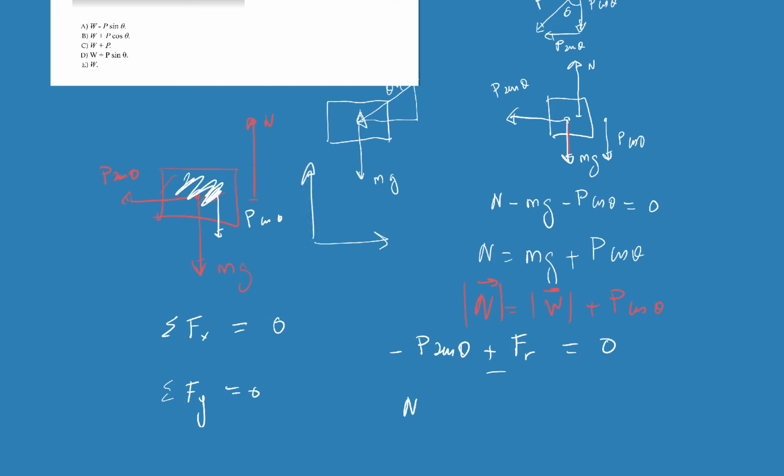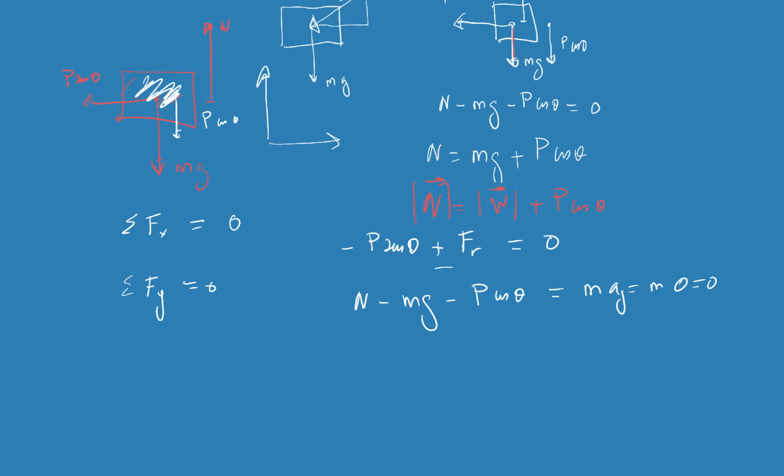So the normal is positive, the weight is negative, and the P cosine of theta is negative, and the sum is zero. Why is the sum zero? Because there is no acceleration of the body going upward or downwards. a_y is zero, m times a_y. Because m is not zero, but a_y is zero, the product will be zero.